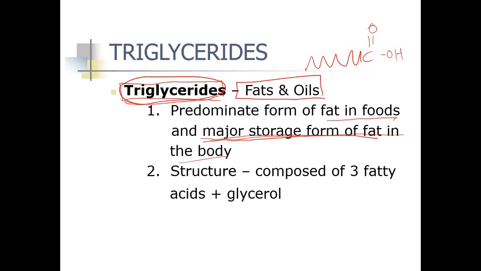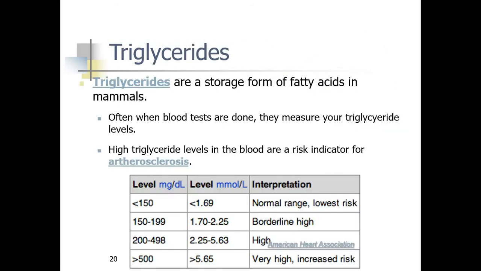Okay, so ang structure sa triglyceride class is composed of 3 fatty acids and glycerol. So that is why we discussed fatty acids first, because the rest of the lipids will be composed of fatty acids. Okay? Except for some, at least. So triglycerides are a storage form of fatty acids in mammals.